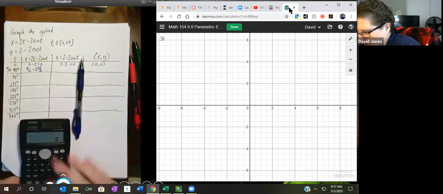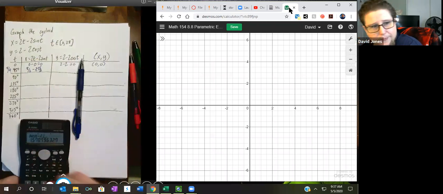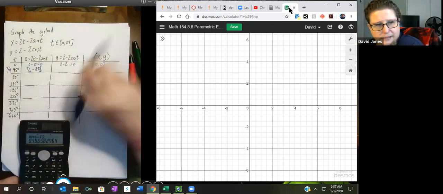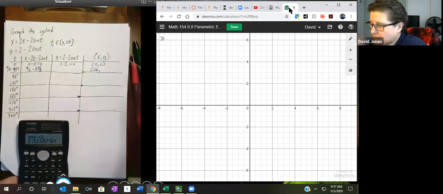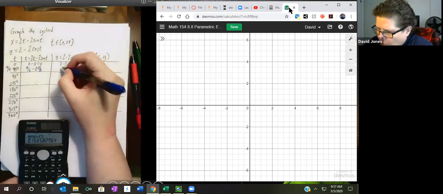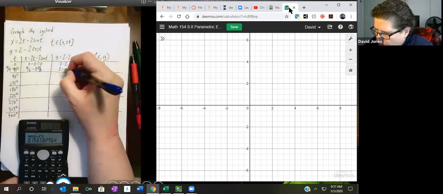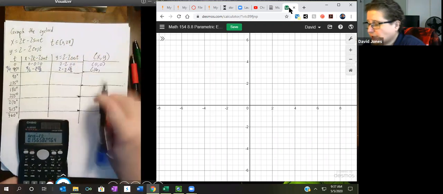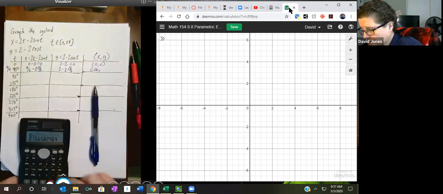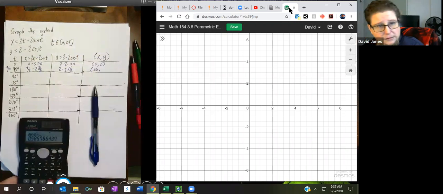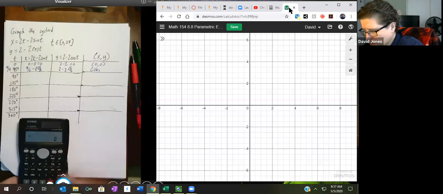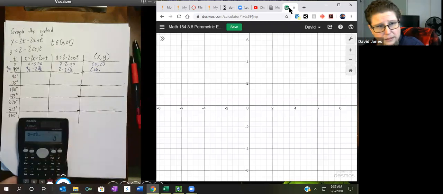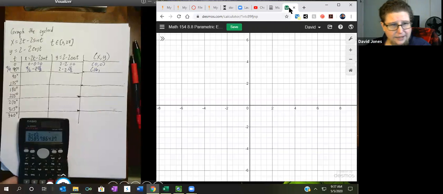I have pi divided by 2 minus the square root of 2, 0.16. And here we've got 2 minus 2 times root 2 over 2, .59-ish.